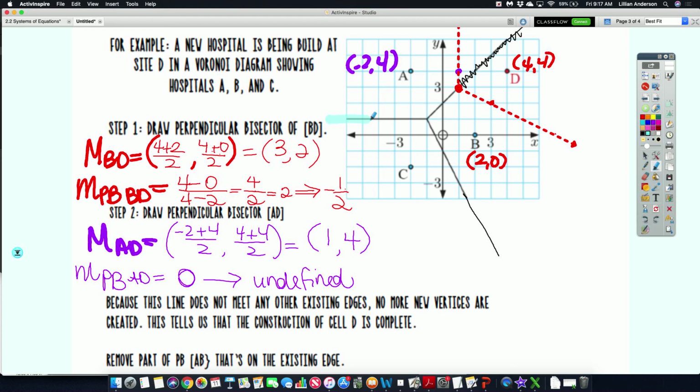Okay? This part never changed, so that's still there. Same with this edge as well. The difference comes right here. I have this edge that I just highlighted, but now I have the new dotted red lines as my other edges, and that is my new Voronoi diagram after adding in site D, or hospital D.